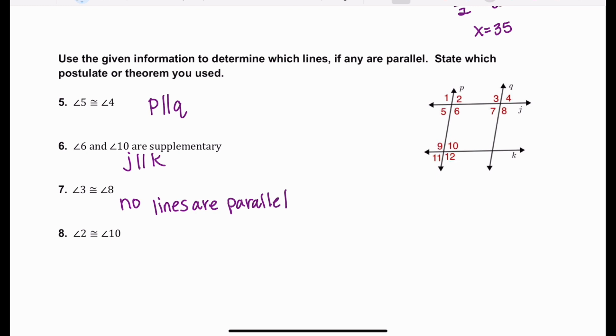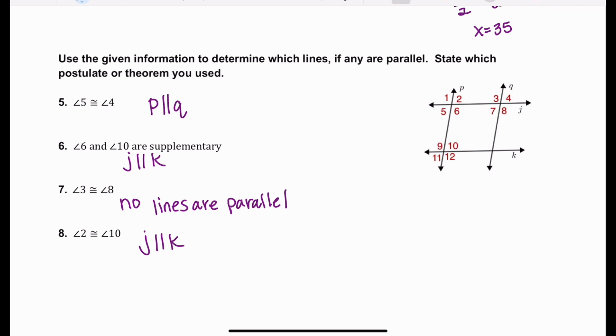Okay, now number 8 is 2 and 10. If I look at angle 2 and angle 10, they will be corresponding angles. Here are my two parallel lines, here's my transversal, these are corresponding angles. So this would be showing J and K as the parallel lines. J is parallel to K.